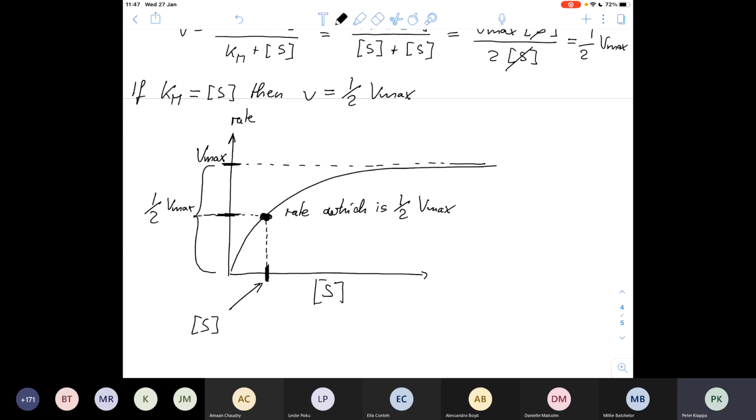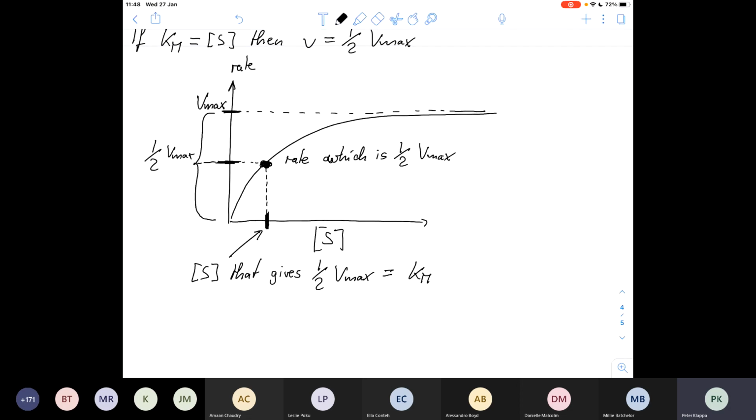The substrate concentration that gives 1/2 of Vmax, and that is the same as Km.